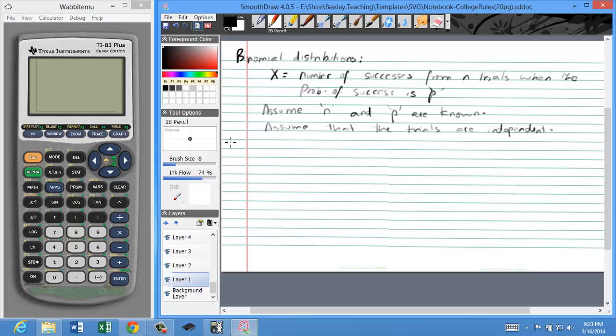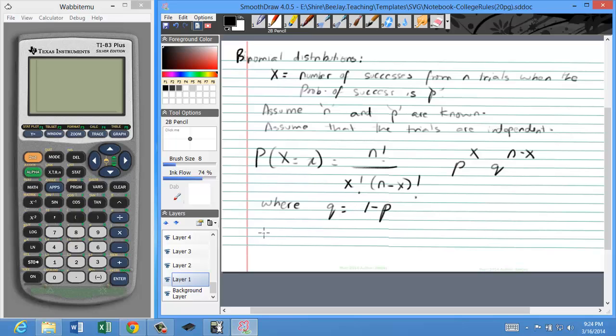If that is the case, then the probability of X equals some little x is given by n factorial over x factorial times n minus x factorial, multiplied by p raised to x, q raised to n minus x, where q is the probability of failure, which is 1 minus p.